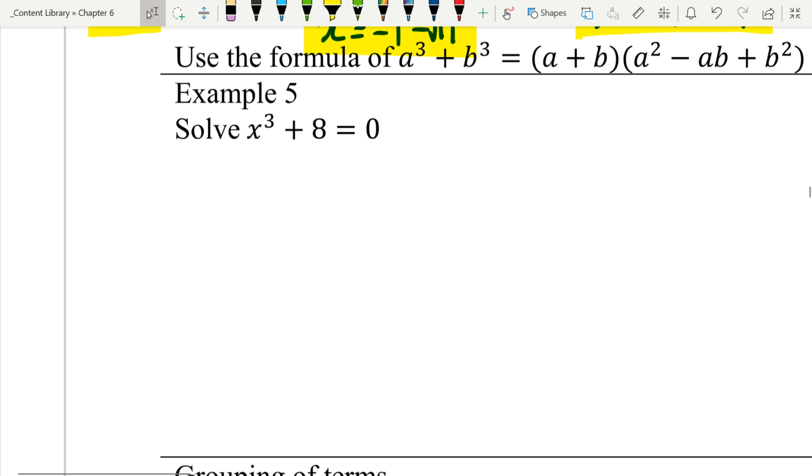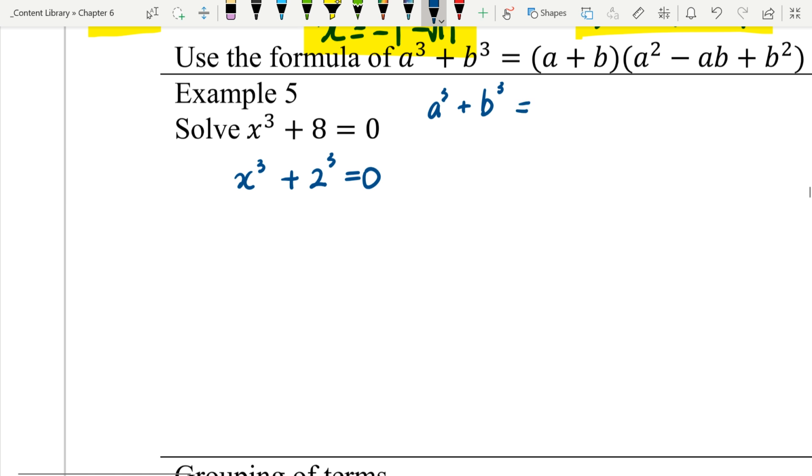The a cubed plus b cubed. There are only 2 terms: the cubic term and the constant term. And the constant term can be written in cube form. So I can say that x cubed plus 2 cubed equals 0.